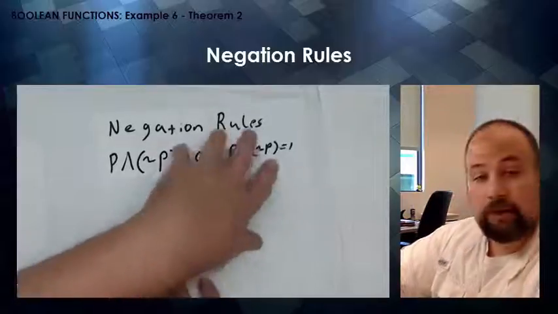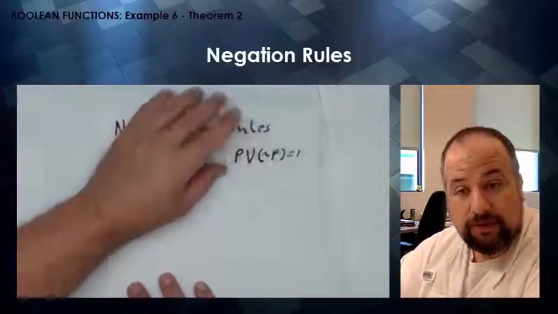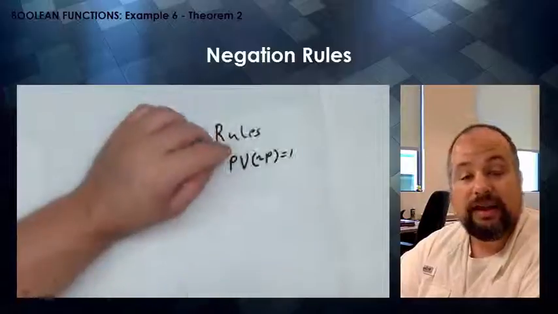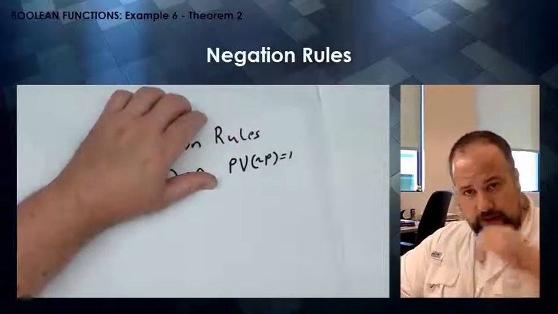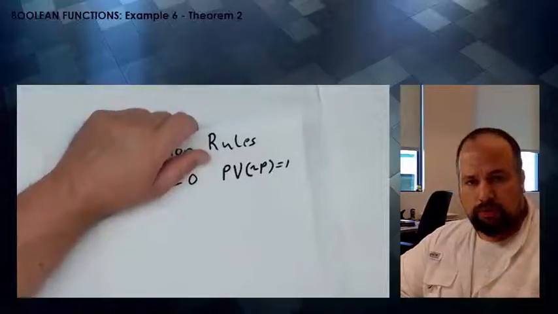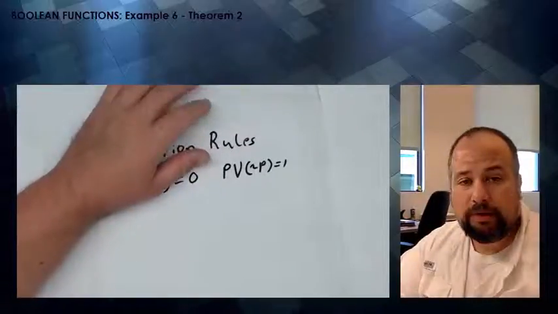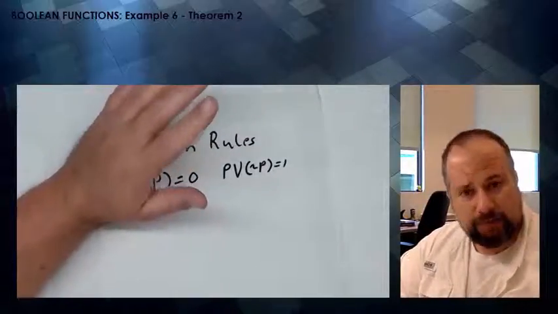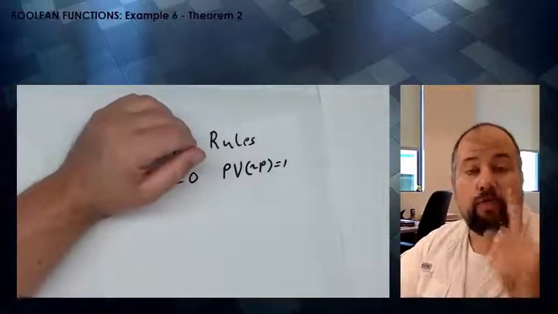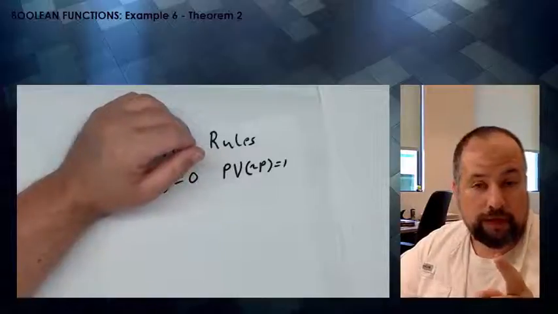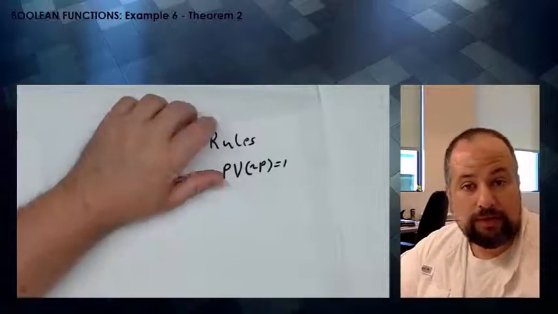So if we can ever get P next to not P, we can reduce it to 0 or 1, which makes everything a lot simpler. So those are your rules. You have the list in your book. My advice would be cut it out, print it out, keep it handy. It's going to come up over and over again as we go through this unit. Okay?